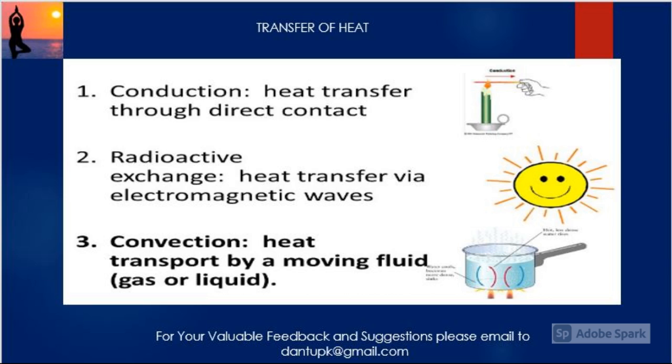Poor conductors are known as insulators. The water and air are poor conductors of heat. Then, how does the heat transfer take place in these substances? Let us find out.